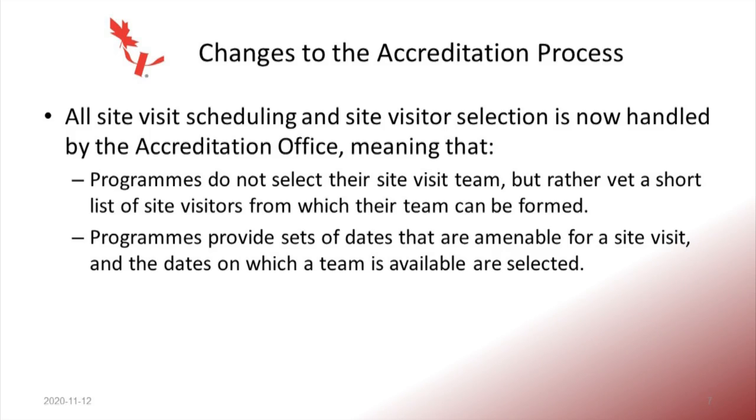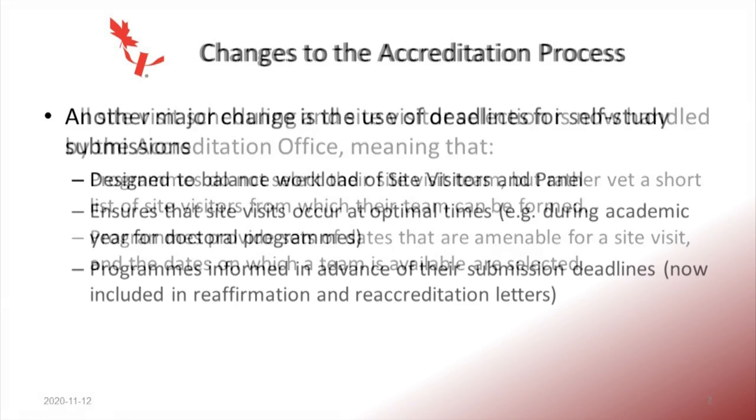And then once the Accreditation Office has done that, that curated list is forwarded to the program, and the program is asked for a list of dates, at which point the site visitors are polled on those dates for availability, and the team is composed of one chair and either one or two other members, and that team is put together by the Accreditation Office.